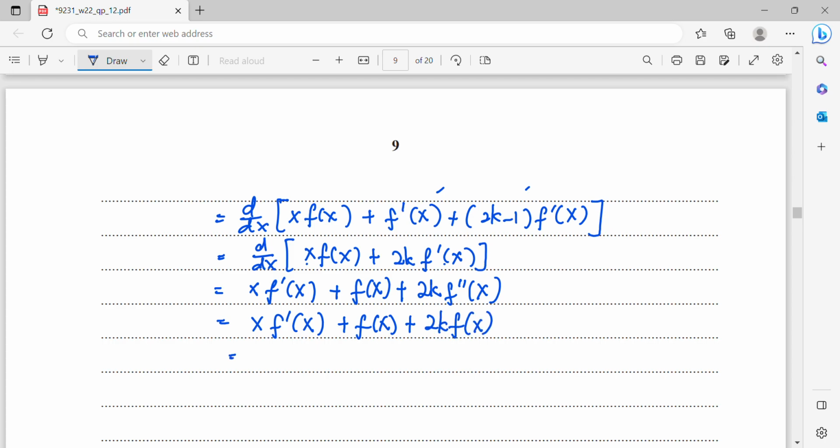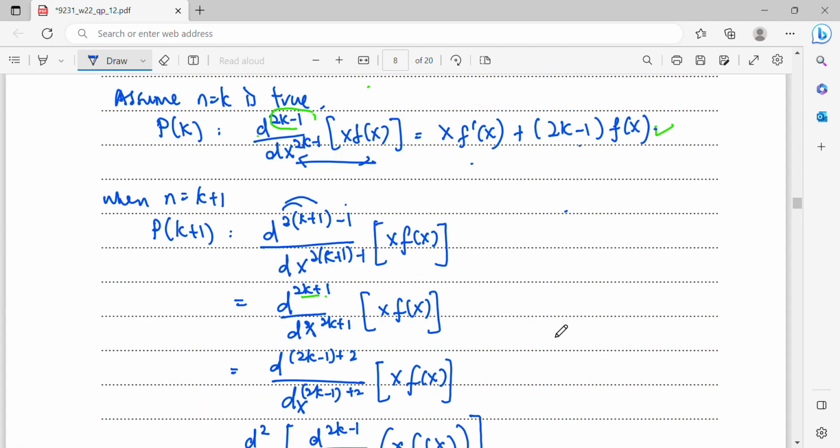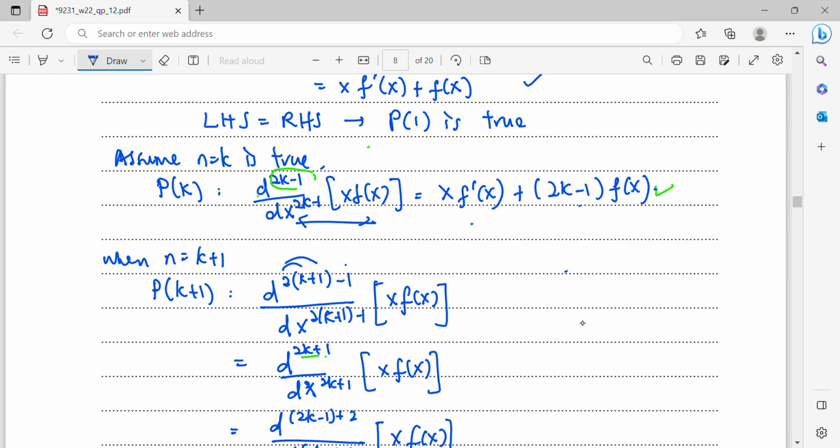From here, I will get x f'(x) plus (2k plus 1) f(x), because the f(x) is in common now. This is a similar form if you change the k to k plus 1, because then I'm getting 2k plus 2 minus 1, which is plus 1. This is what I have obtained, right? So P(k+1) is true.